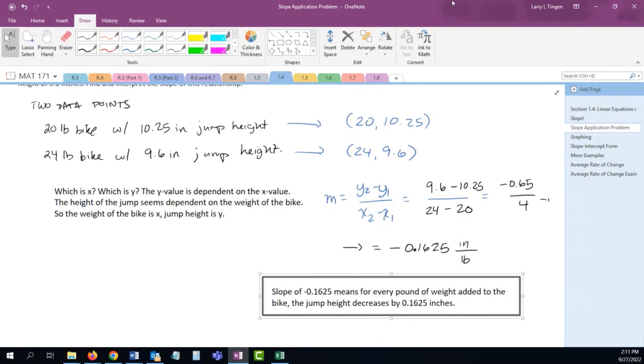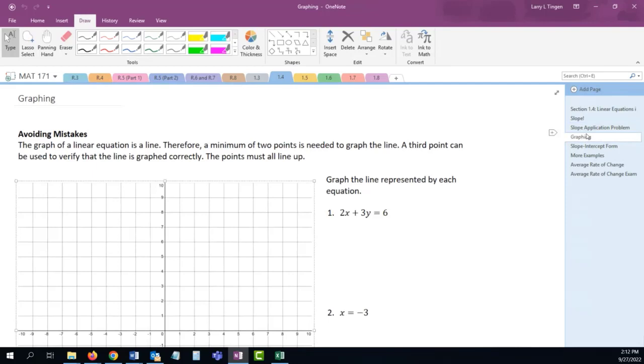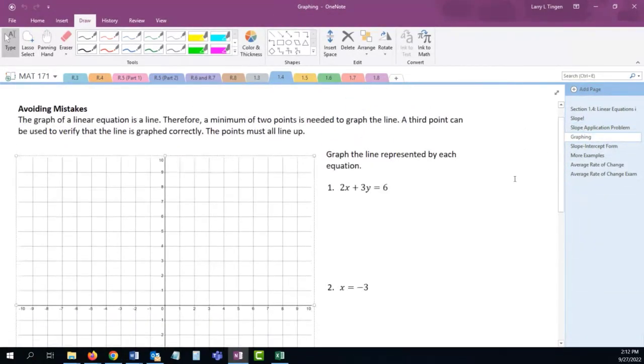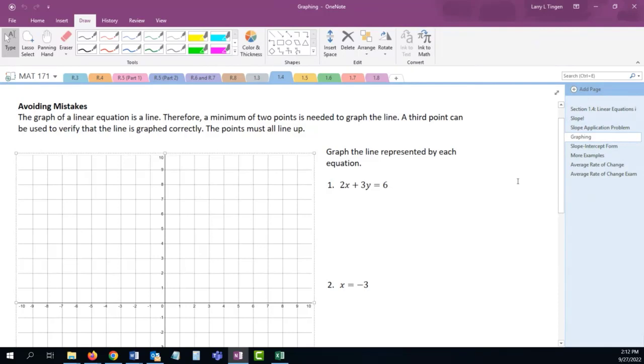All right, so quickly tackle, I know we've got 4 minutes. I want to get you over to this next page and get you started. To graph a linear equation, you need a line. It's a straight line. And you've always heard that the shortest distance between 2 points is a straight line.